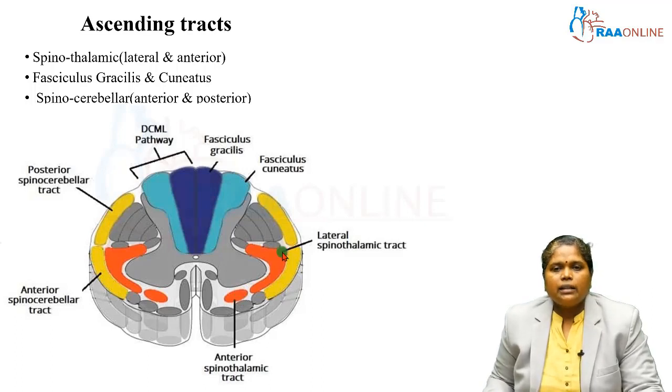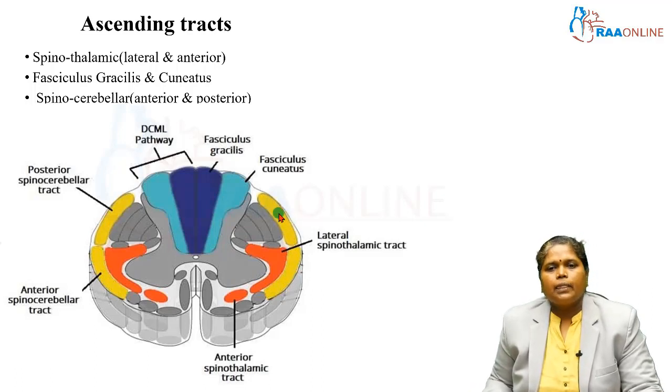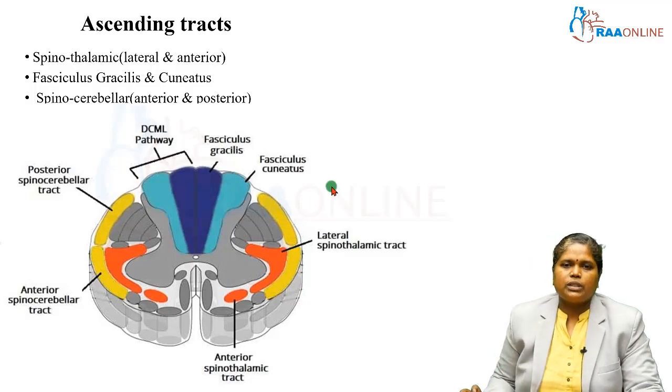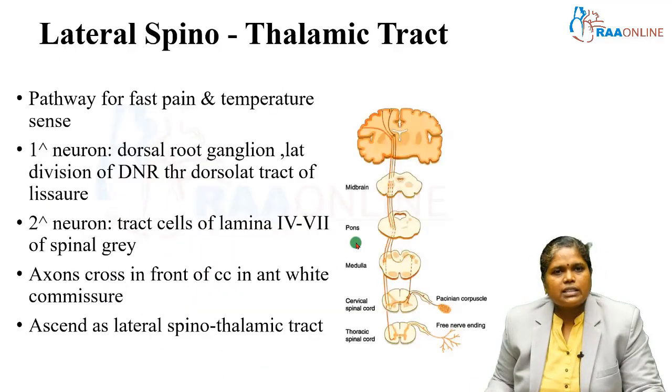Then the next tracts are fasciculus gracilis and fasciculus cuneatus. You all know these two tracts are present in the dorsal column or posterior column. And the third set of tracts is the yellow colored structure, the spinocerebellar tract, anterior and posterior spinocerebellar tract. So first we will discuss the spinothalamic tract.